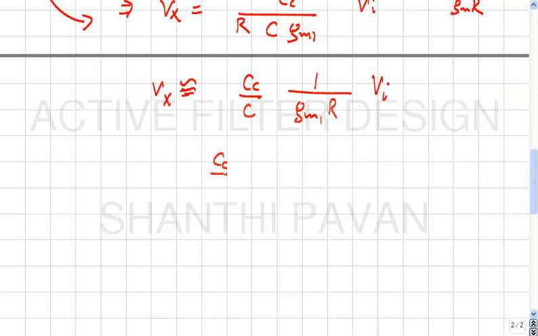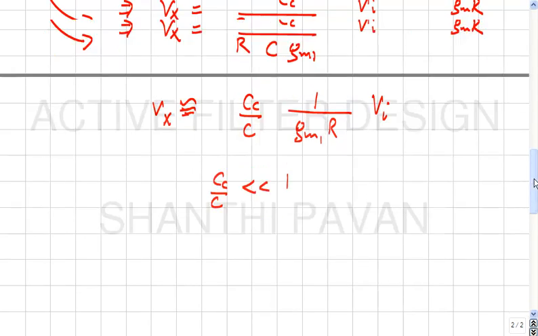Cc by C must be much smaller than 1. Does that make sense? All right.